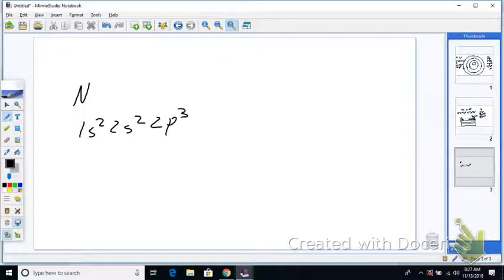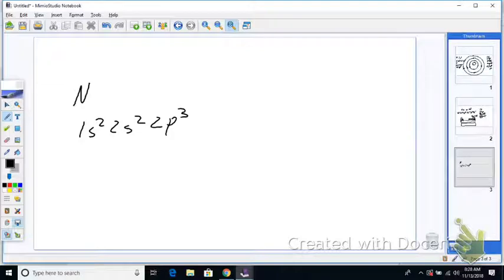Now, an abbreviated version starts from the noble gas that's in the row above the element you're doing a configuration for. So which noble gas preceded the element nitrogen?